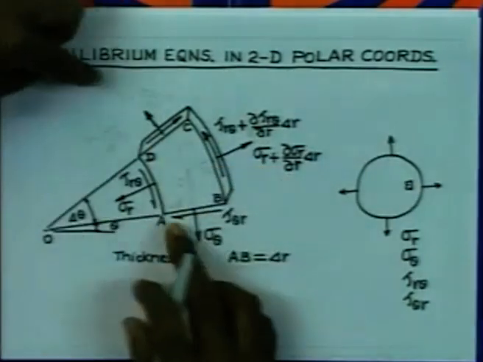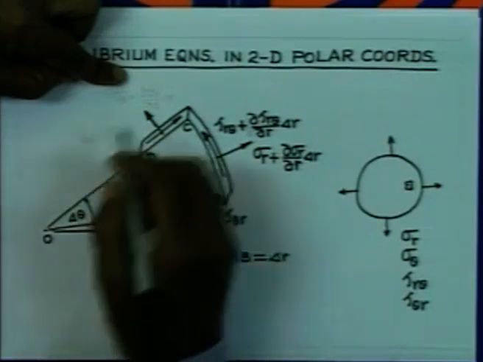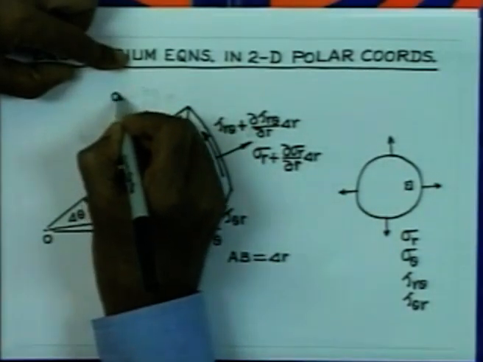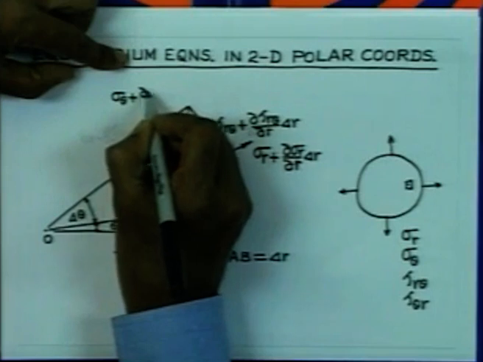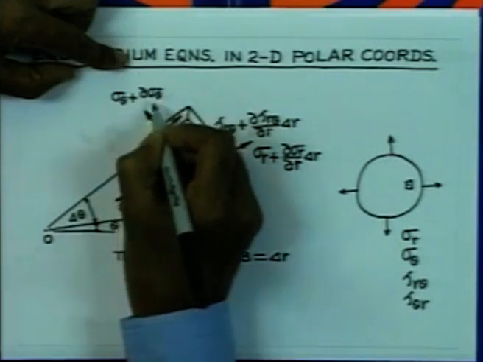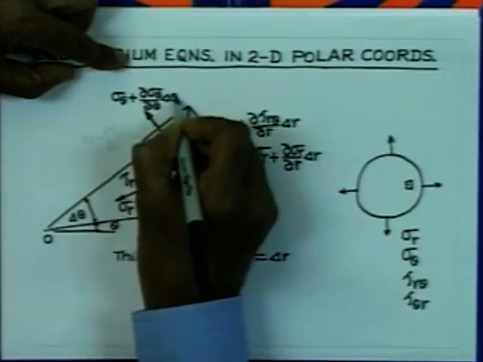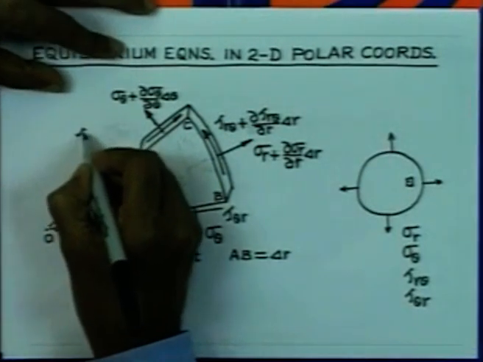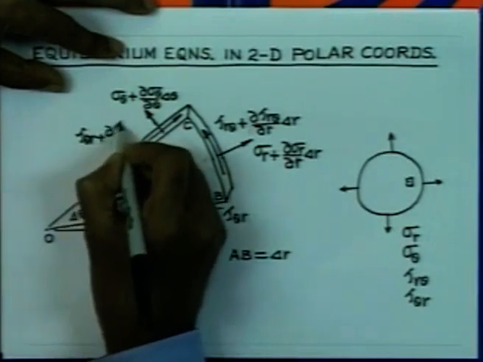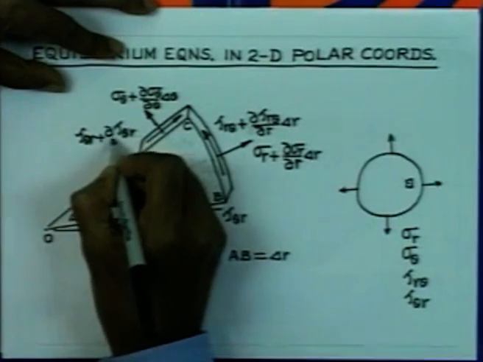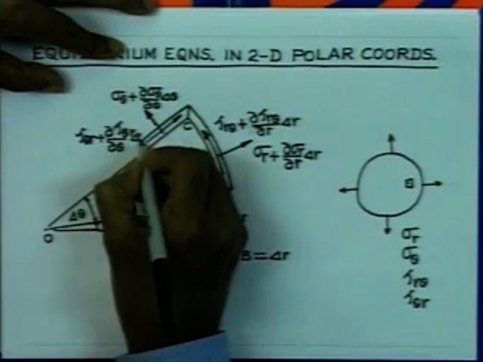Therefore, these two components can be written from sigma theta and tau theta r, and we can write this to be sigma theta plus delta sigma theta by delta theta into delta theta, plus tau theta r plus delta tau theta r by delta theta multiplied by delta theta.